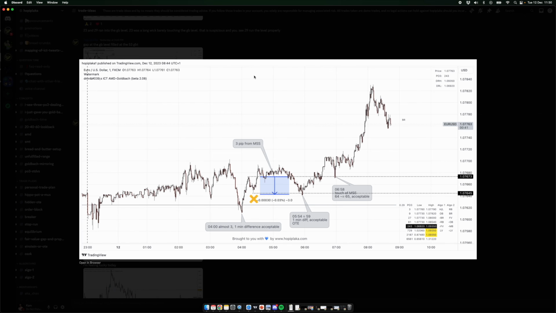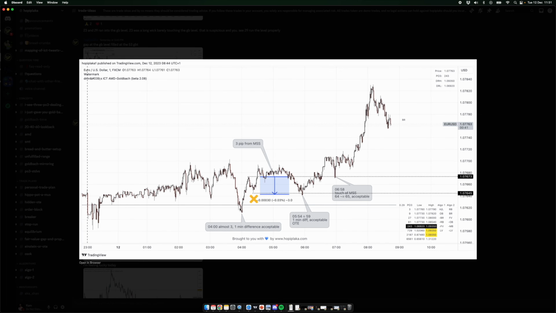So you'll see here, Hoppy marked up this chart, and these are the swing points that are confirmed using Goldbach Time, right? So you have the 243, which is price. So this is Goldbach price, and now Hoppy is using Goldbach Time to get these swings.